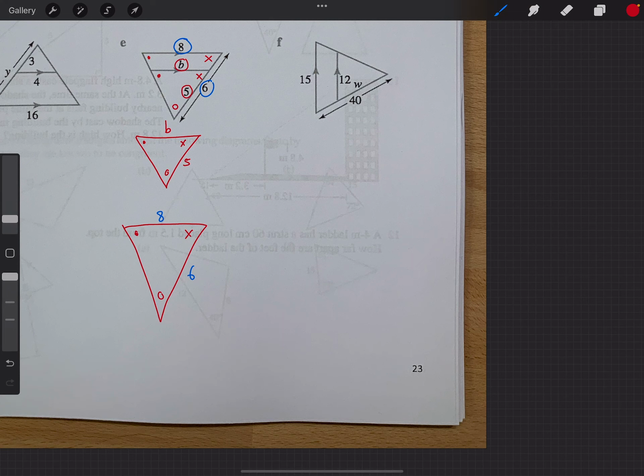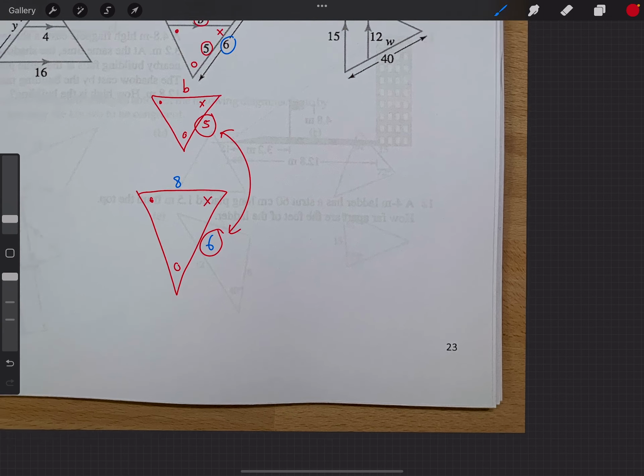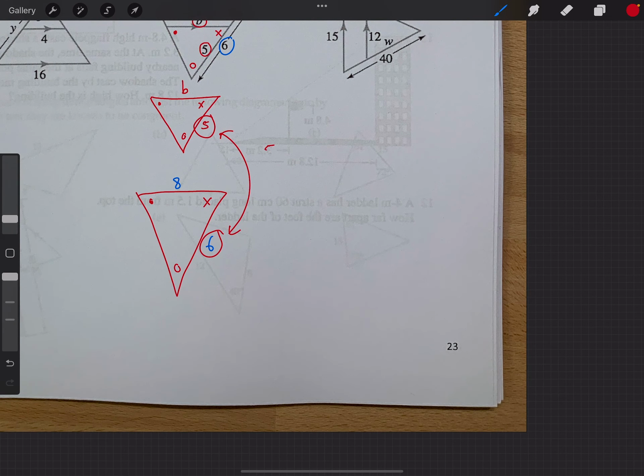So we can look at these two lengths. These are the corresponding lengths, linked together, so whatever scale factor happens, it's going to affect these two. From 5 to 6, 5 times the scale factor, let's call the scale factor x, is equal to 6. We divide both sides by 5, so x is 6 on 5.